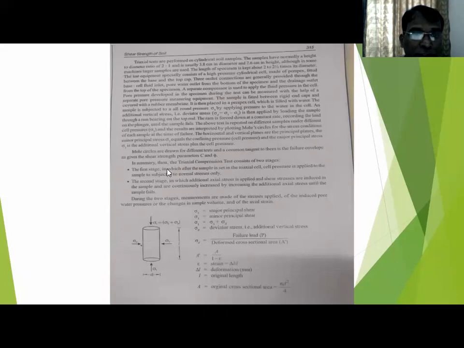तो यहाँ तक शायद पूरा तो नहीं मालूम होगा, लेकिन एटलीस्ट एक ब्रॉड आइडिया आ गया है, what is triaxial shear test? If you have any doubts, please ask anything. Is it clear?